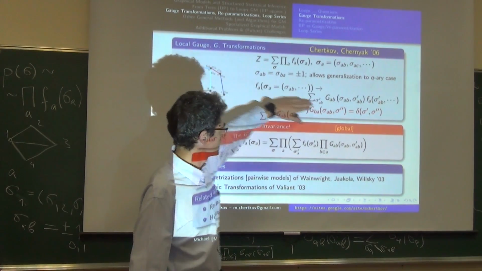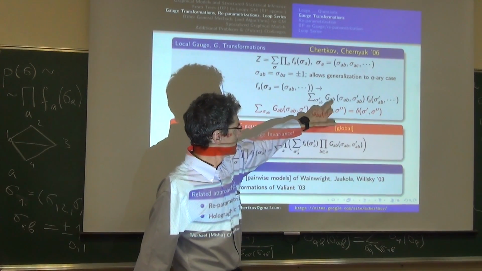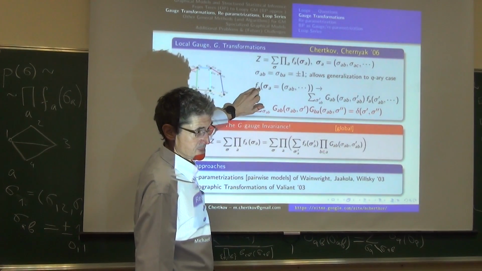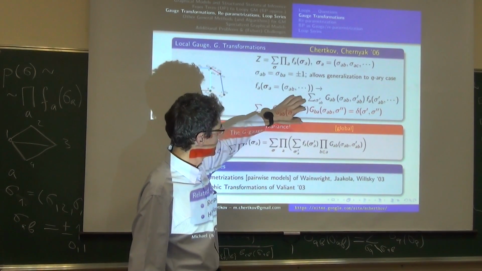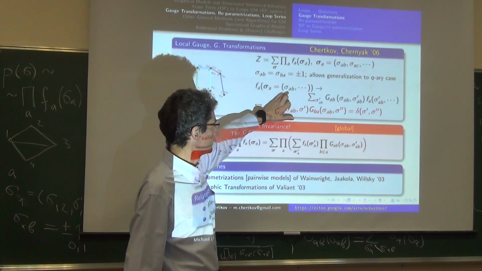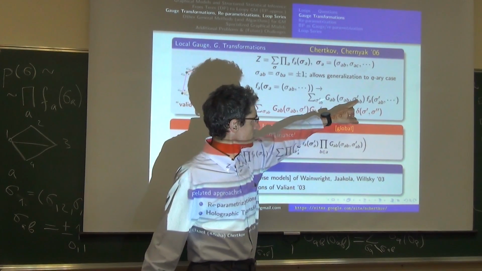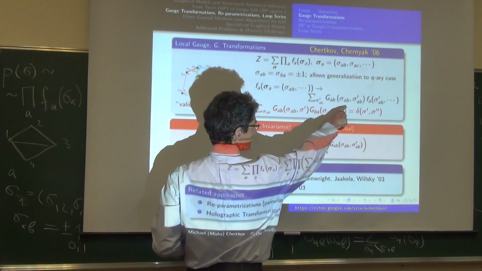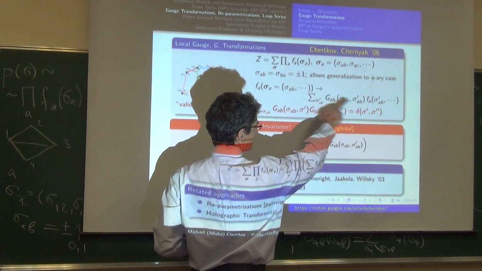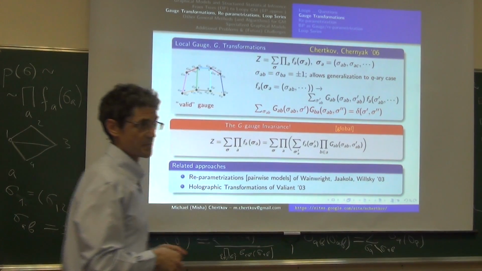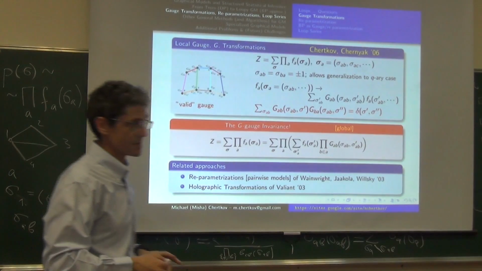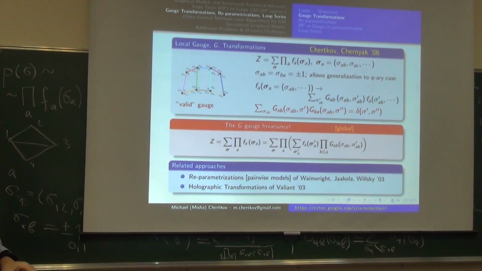I start from that and I substitute, well, this is a modification of my factor. But again, I emphasize that this original variable sigma AB and the new variable sigma prime are principally different. Sigma AB and sigma BA is the same. Sigma prime AB is not the same as sigma prime BA, just by construction, because of how I introduce this modification.